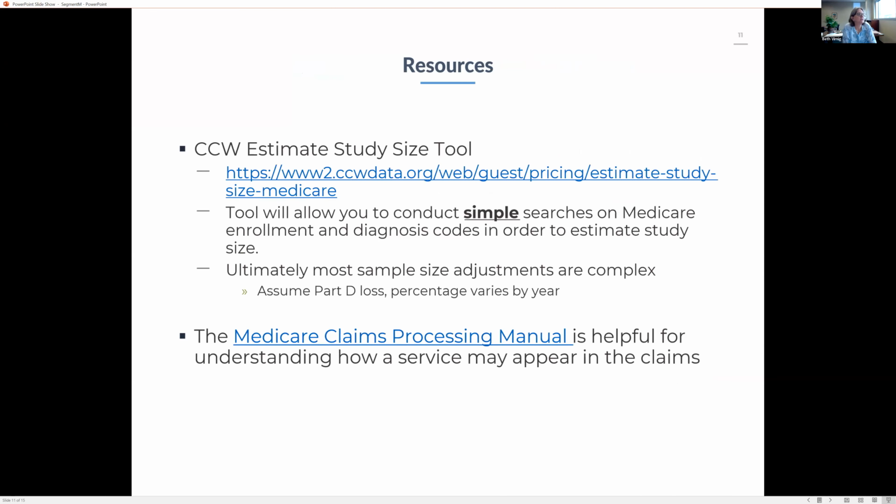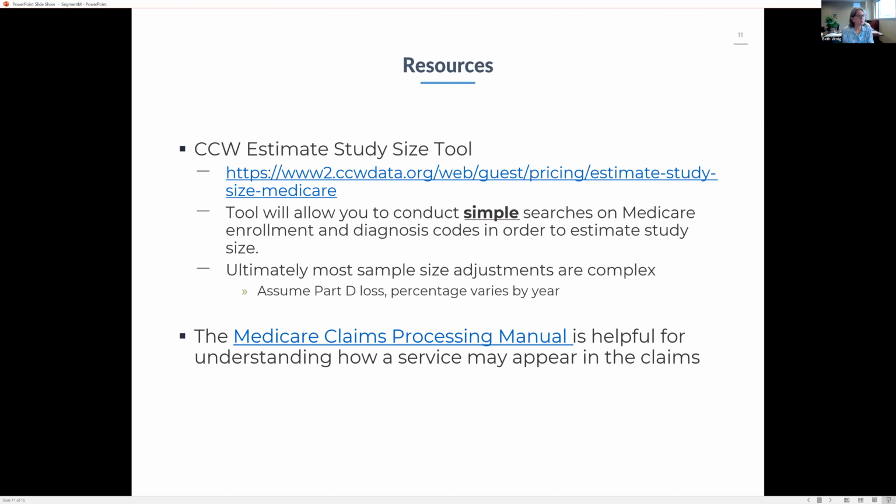So there are some tools that can help you. One is a CCW study size estimator. This will let you do simple searches on Medicare enrollment, diagnosis, procedure codes. Now, honestly, most of our sample size adjustments are quite complex, but what this does help you do, which can be super important, is get an idea.